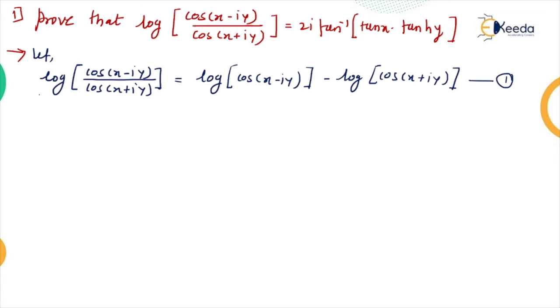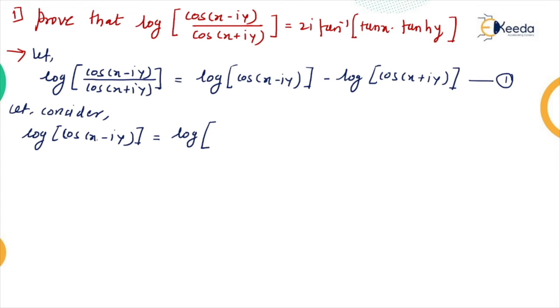Now let us consider only the first term, log of cos(x minus iy). Here we have to use the cos(a minus b) formula.